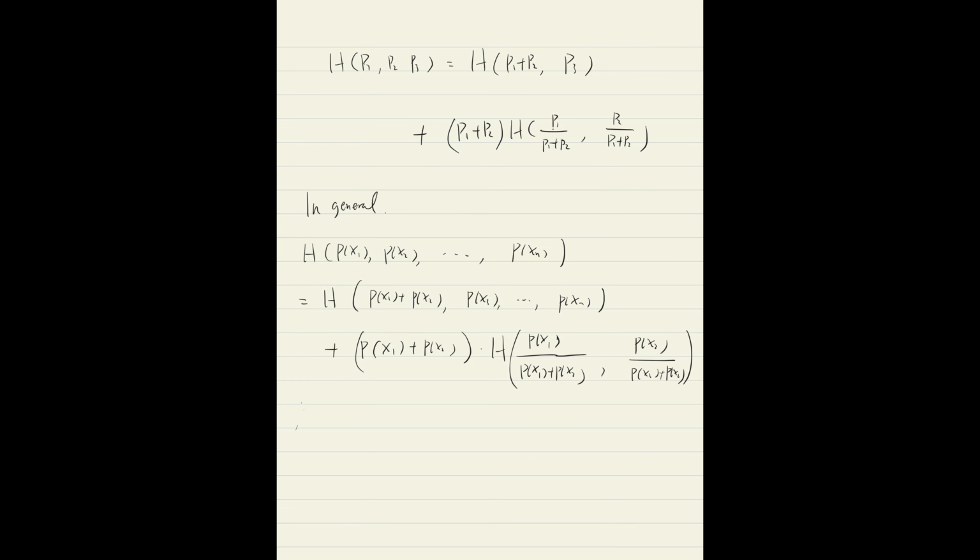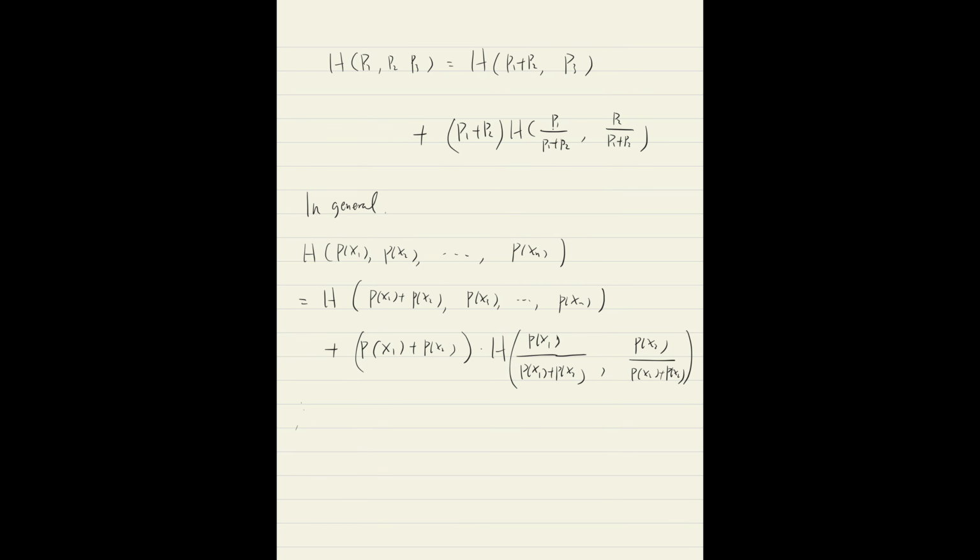Does that make sense? Okay, so this is easy, right? This is the entropy of the first step. What's tricky is the entropy of the second step, right? We know the second step definitely has the entropy of P1 and P2, because that's the entropy of this event. But the tricky part is, sorry, it's not P1.